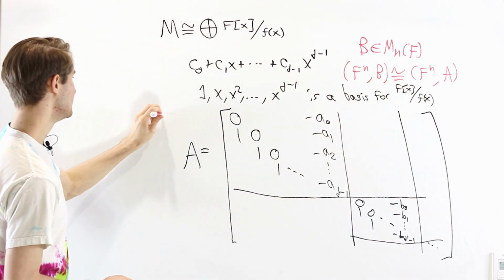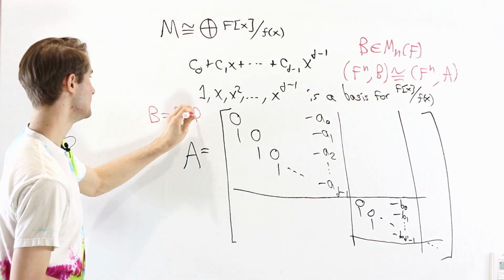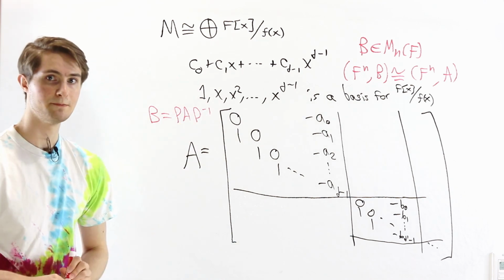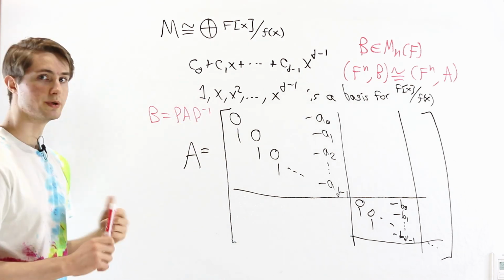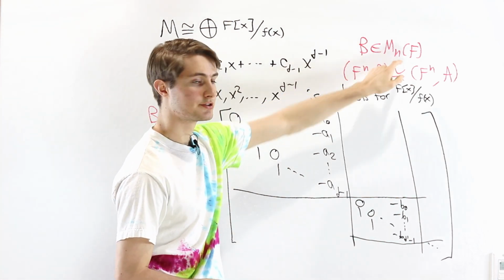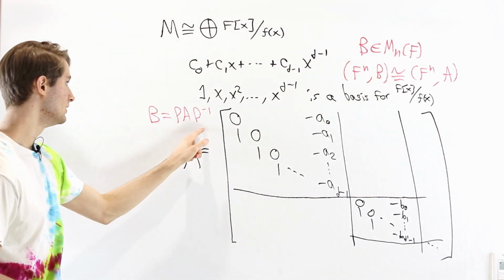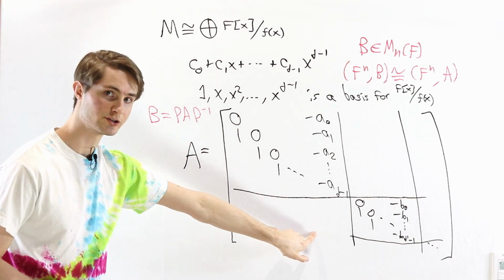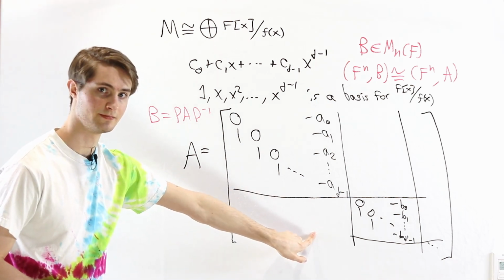So B is equal to P A P inverse for some matrix P. So what this is saying is every n by n matrix is similar to a matrix in rational canonical form.